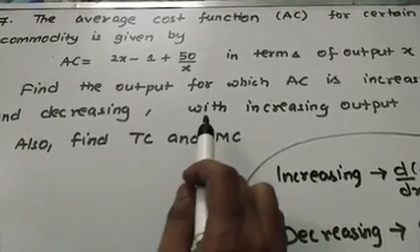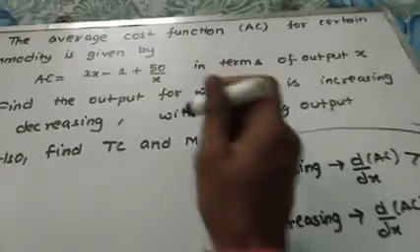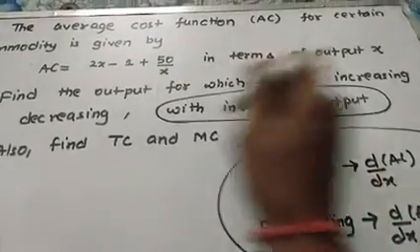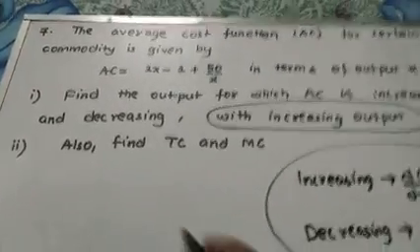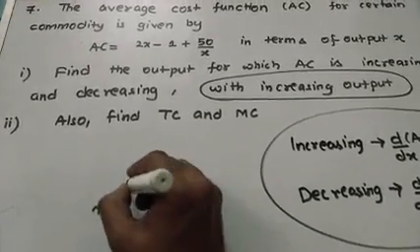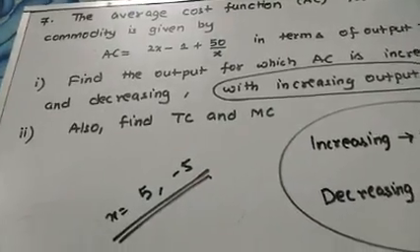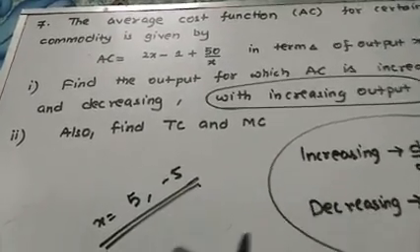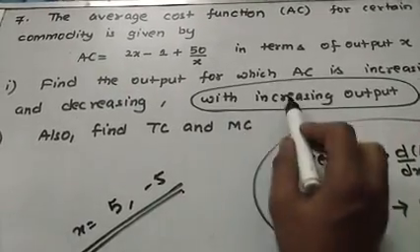Now the last three words, "with increasing output." This line means that while finding the output x, we will get 2 values, 5 and minus 5. But it says with increasing output.